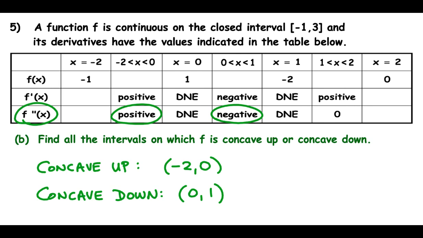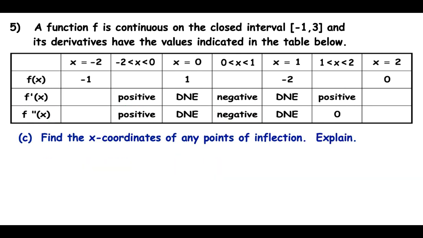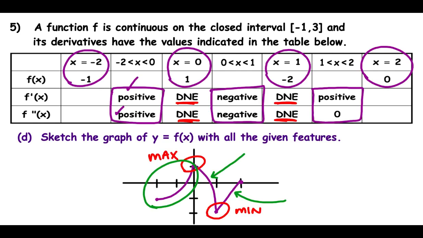And finally, 5C wants the x-coordinates of any points of inflection. Well, there's only one point of inflection here. And from the graph, you can see right here up top that this max is also a point of inflection. Usually you don't get to be both, but here it is, because you're changing signs in the second derivative.